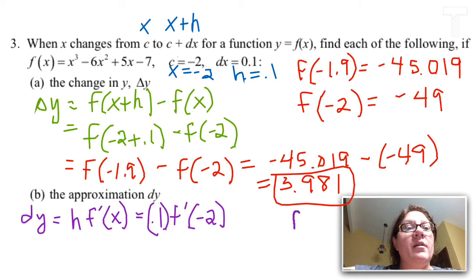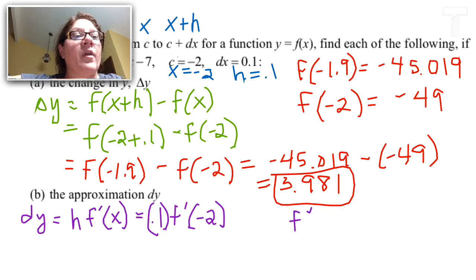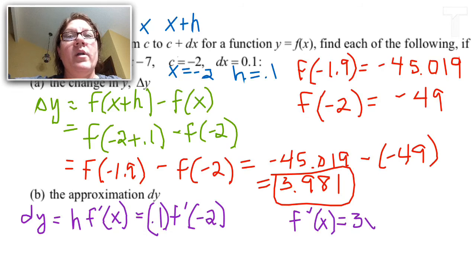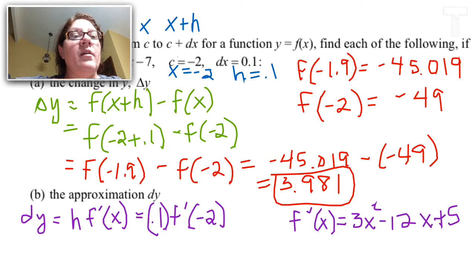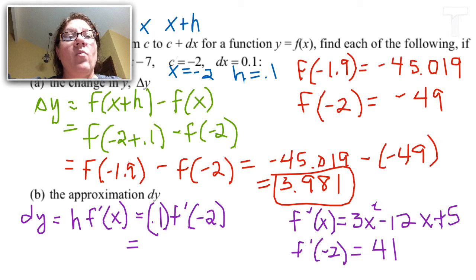So off here to the side, first I'm going to need to know f prime, which of course is 3x squared minus 12x plus 5. And then I'll find f prime of -2, which will be 41 when I substitute in -2's. So I'm going to have 0.1 times 41, which is 4.1.